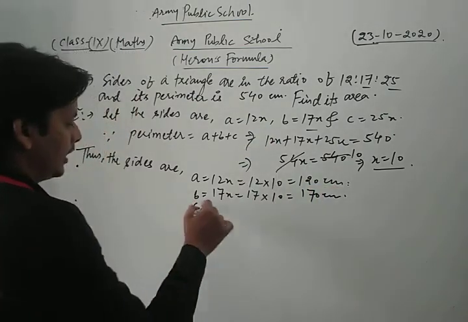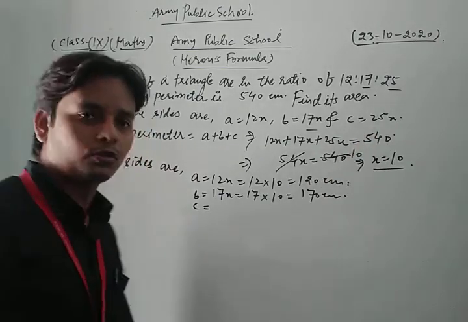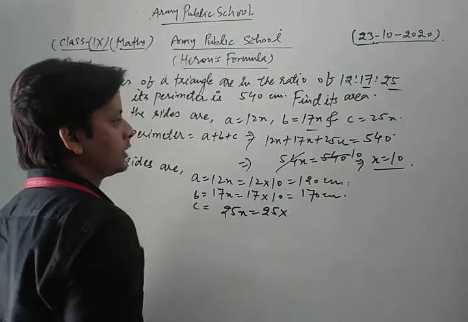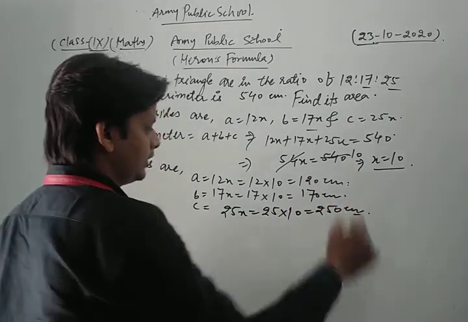And the third side c is 25x, that is 25 into 10, which is 250 centimeter.